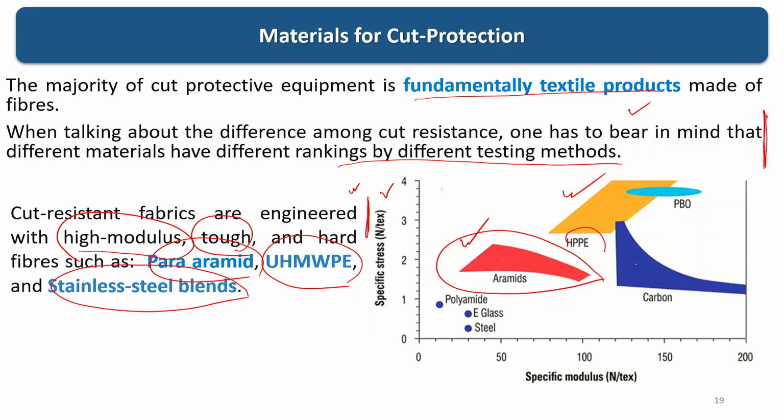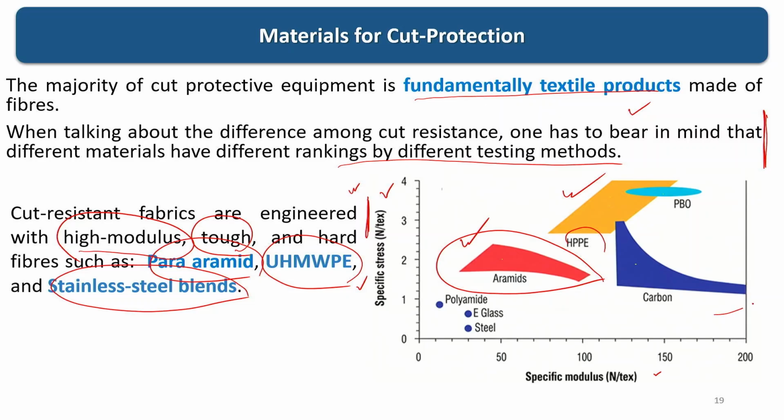Specific stress is basically the breaking stress per unit mass, and here you can see the specific modulus.